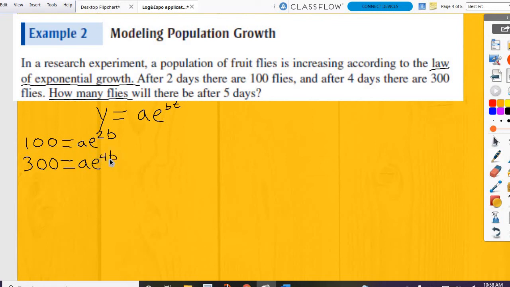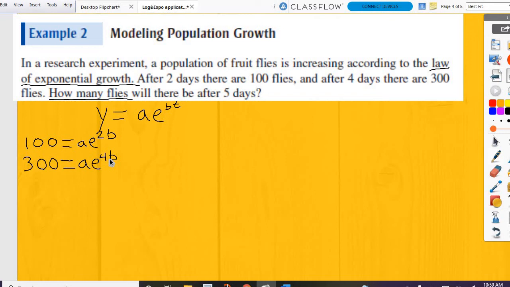Now, on either one of those equations by themselves, can we solve for A and B? No. But if we have two equations with two variables, what do we have? A system of equations. Can we solve a system of equations? Yeah. It has e's in it, but that's okay. It doesn't change anything. What are our options for solving a system? Like, what are your methods? Substitution.